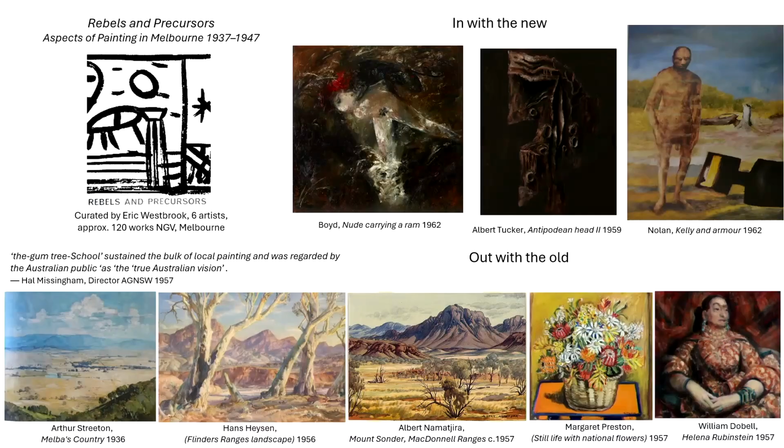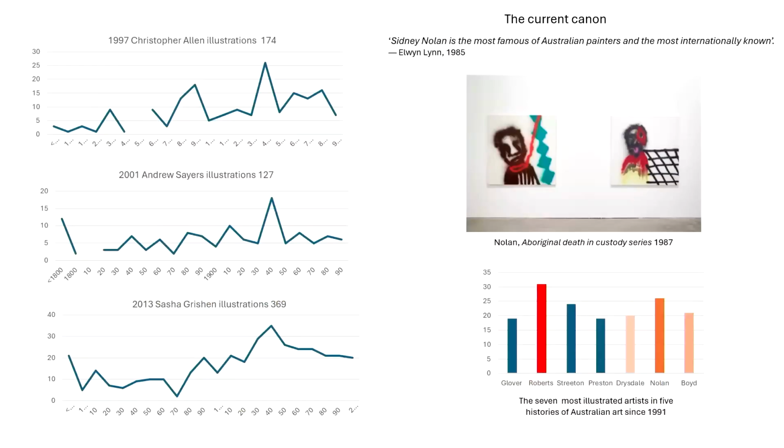And this narrative really takes hold in the 60s with Nolan as the leading figure. So here's a little graph, 3 histories of Australian art, of where they pay most attention. You get a little blip with the Impressionists and you get a much bigger blip with, let's call them, the Antipodeans.